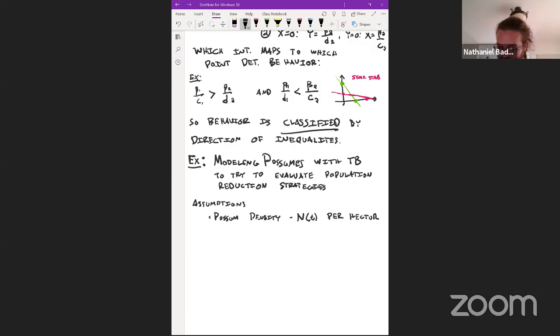We're going to have two groups, susceptible and infected, S of T and I of T. And we're going to allow all these things to vary. So we're not going to assume constant population. And we're also not going to include a recovered population. So in this case, the disease is 100% fatal. So we have a background mortality rate.